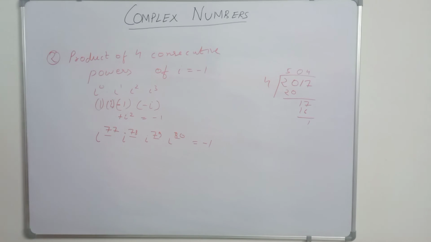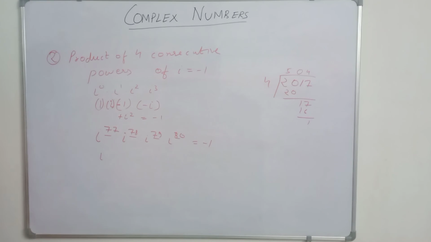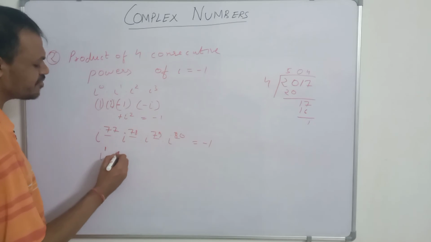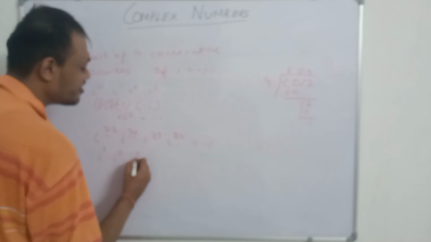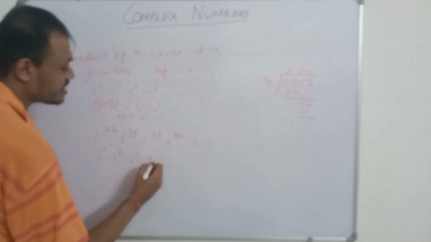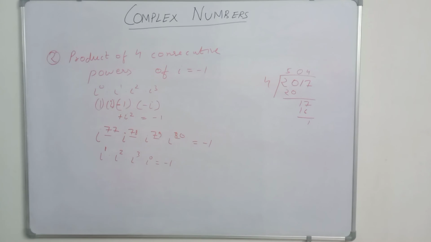If you divide 77 by 4, the remainder will be 1. If you divide 78 by 4, the remainder will be 2. If you divide 79 by 4, the remainder will be 3. If you divide 80 by 4, the remainder will be 0. So this will be equal to -1. So this is how we prove it.